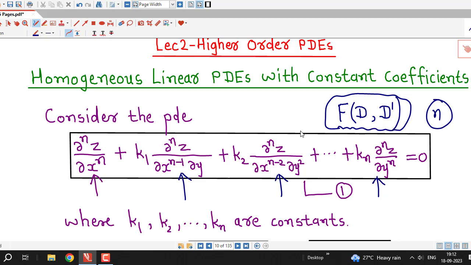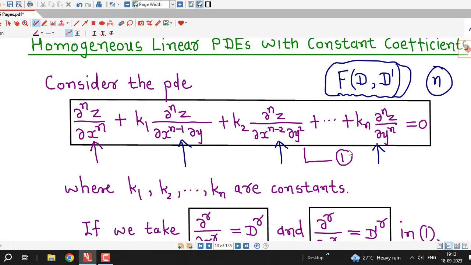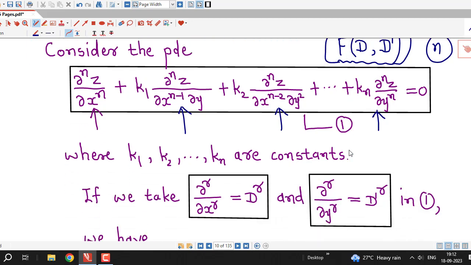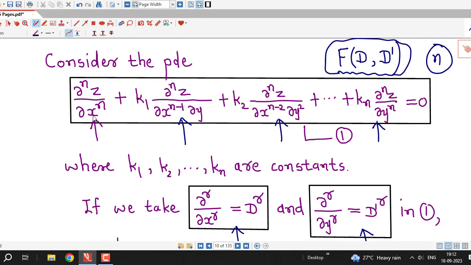So this is the general form of those type of equations, and the right hand side is 0, that means it is homogeneous. Now using these notations, that is, partial derivative with respect to x is D, partial derivative with respect to y is D dash, we are writing this equation in terms of D and D dash.